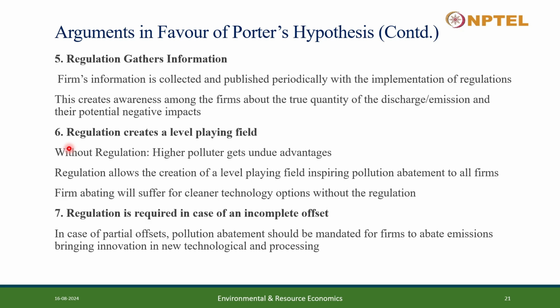So both of them will not do it, or if any one of them does, then their profit will be impacted. So without regulation, the higher polluter will get undue advantage. To remove this undue advantage, the regulation will create a similar standard for all the firms, so that they abate their pollution. They anyway have to fall under the regulation, so the firm will try to reduce its emission.